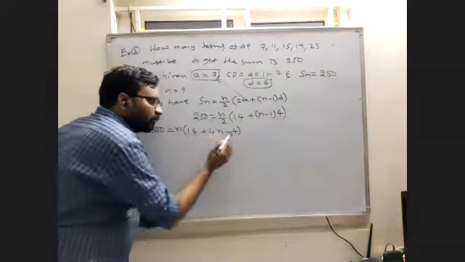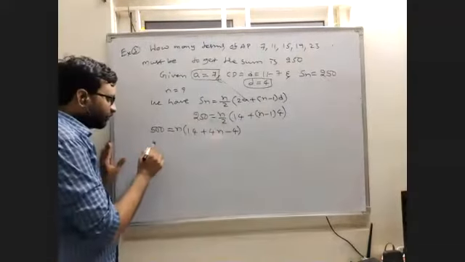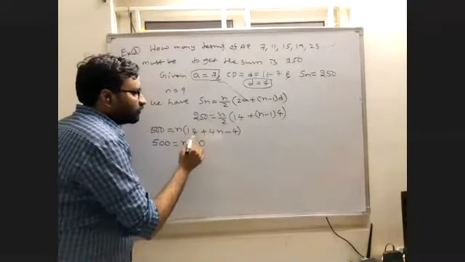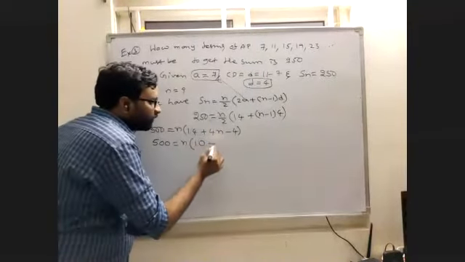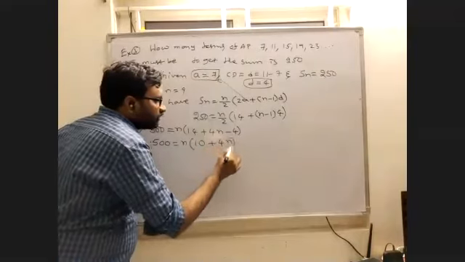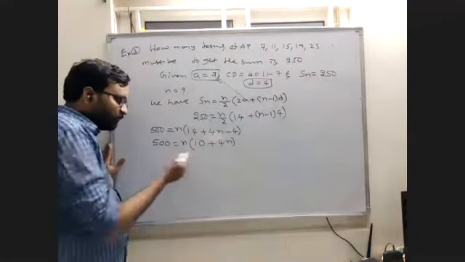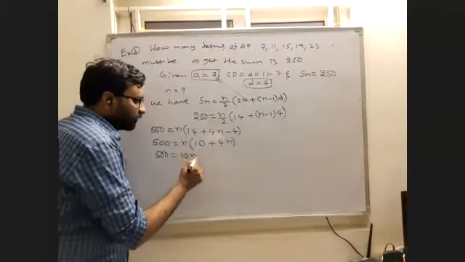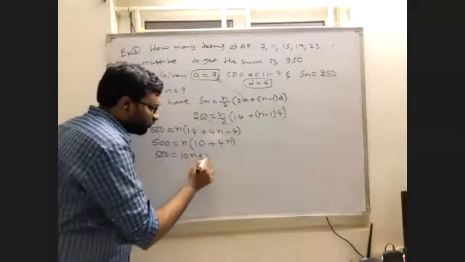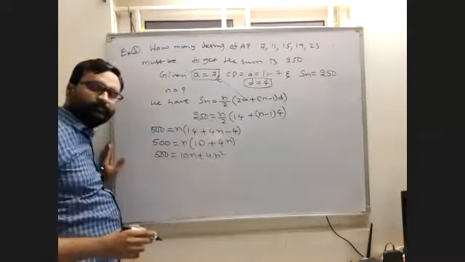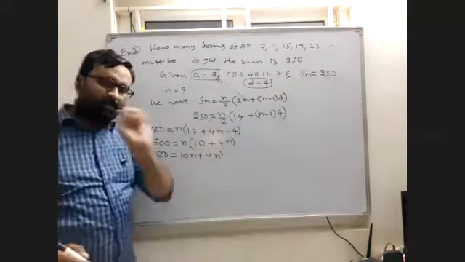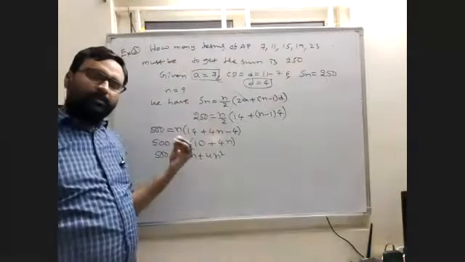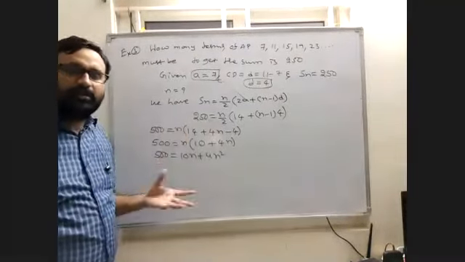Now 14 minus 4 will be 10. 500 is equal to n into 10 plus 4n. Now multiply with n: 500 is equal to 10n plus 4n into n, 4n square. Now all are even numbers, we can take one even number common, 2 or 4 or 6 or whatever it is.